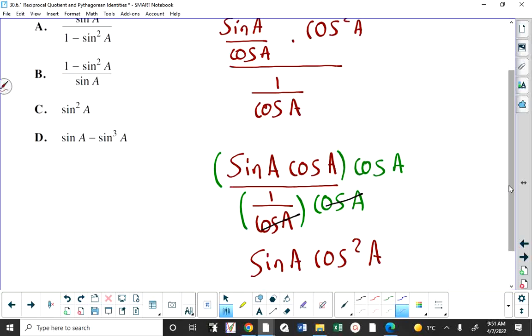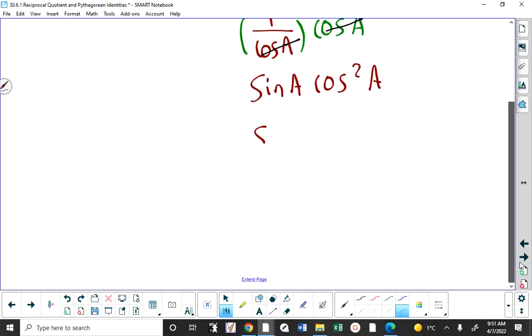Unfortunately, you don't necessarily know what identities to use to change the appearance to get the right answer. But you should start to see certain pieces of trigonometric expressions for what they could also be written as. For example, cos squared of A is 1 minus sine squared of A.